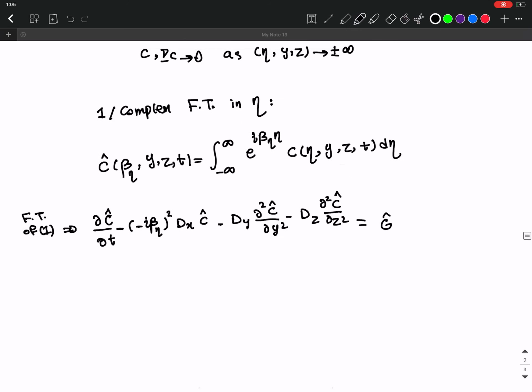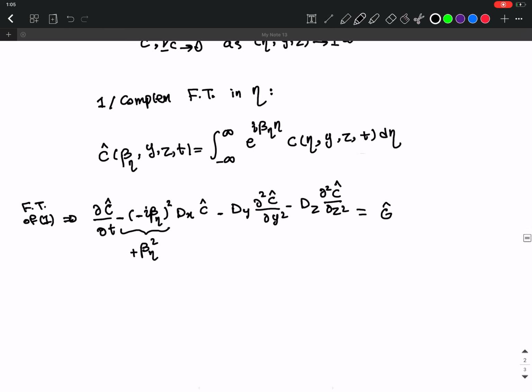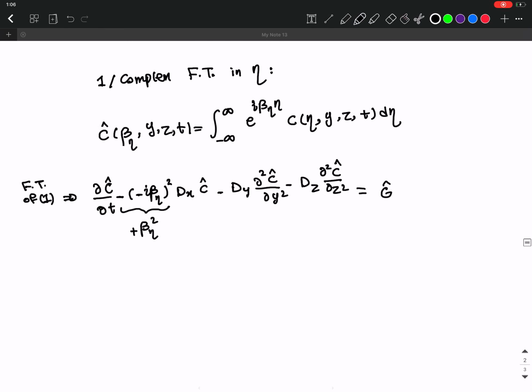And this one, if you calculate that, minus i square is minus 1 times minus 1, so it's just beta eta square plus beta eta square. Okay, so this is the first step. In the second step, we still have this equation, so this is going to be our second equation.